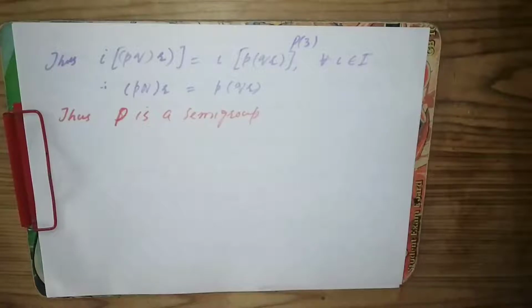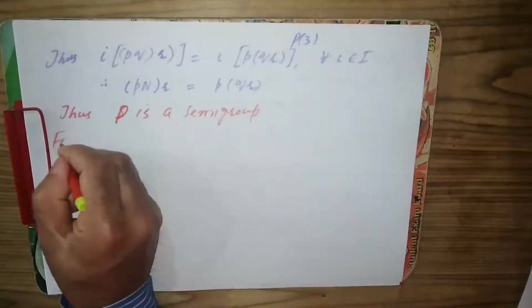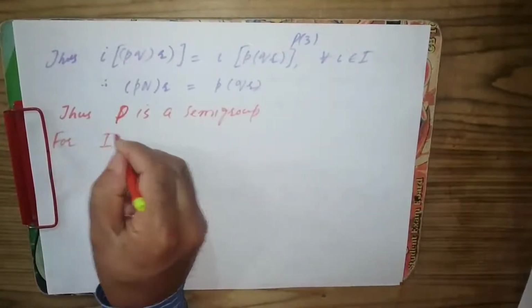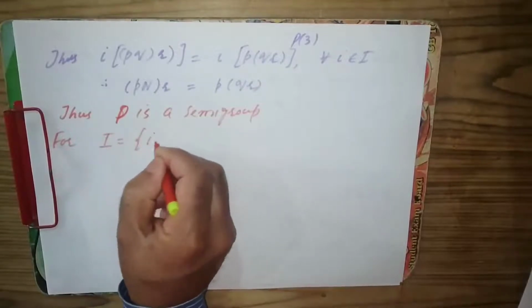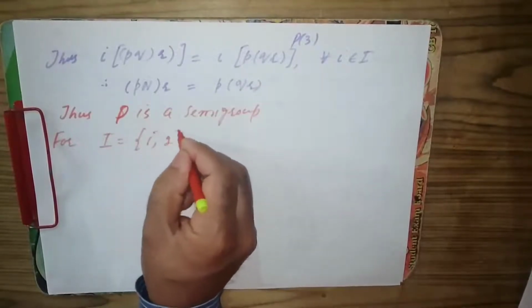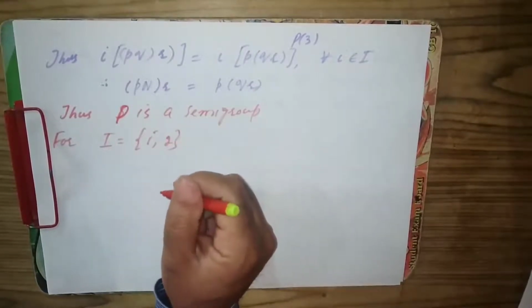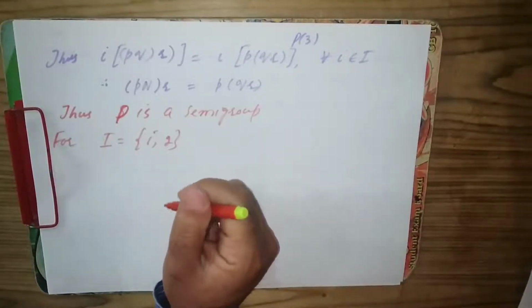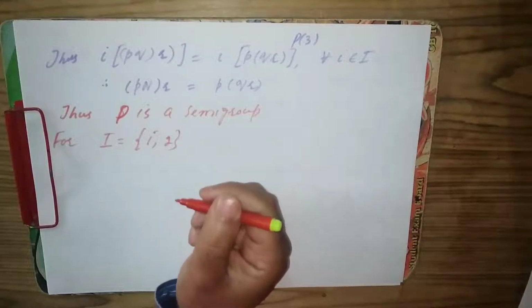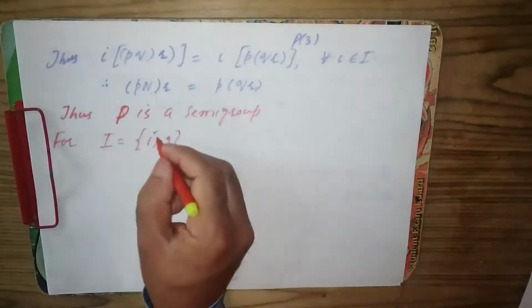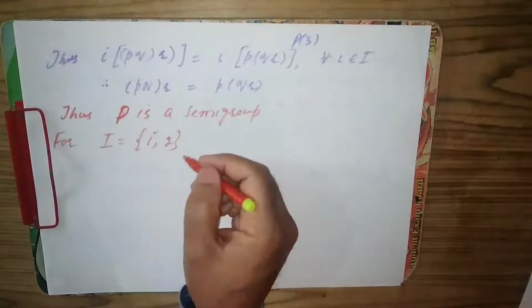Let's suppose that I is equal to {1, 2}. We will show that this P is the same as S1 cross S2. So for the indexed set I equal to {1, 2}, we have only two semigroups here, S1 and S2.